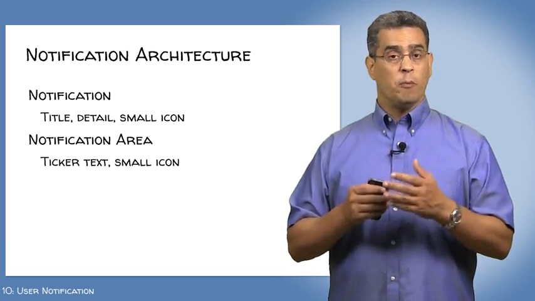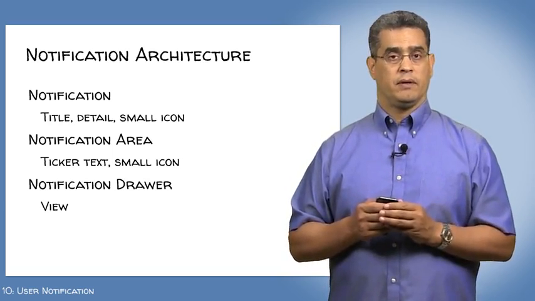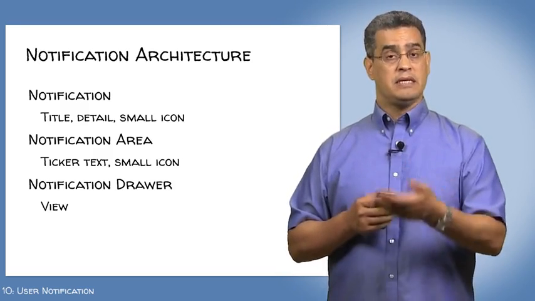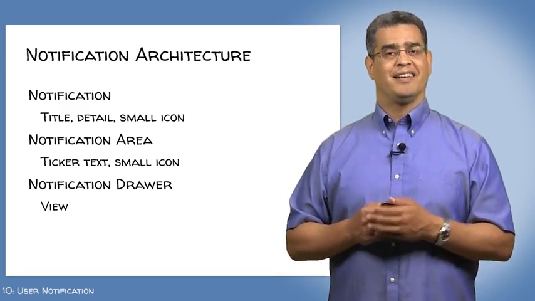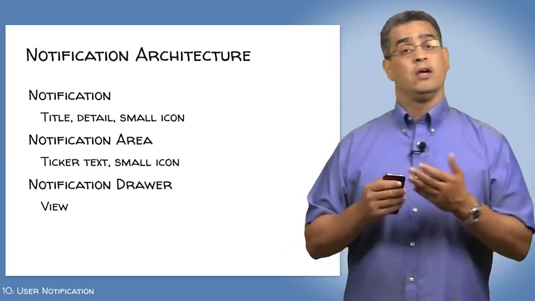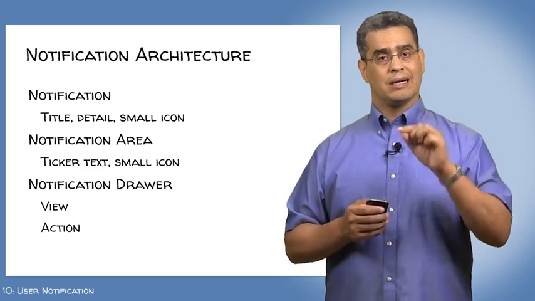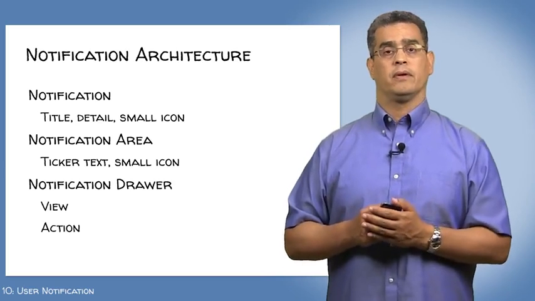Finally, if the user opens the notification drawer, there's a view that they'll see. Now by default, this includes the title, the detail or content text, the small icon, and a timestamp. You'll also need to define any action that will occur should the user click on the notification drawer view.